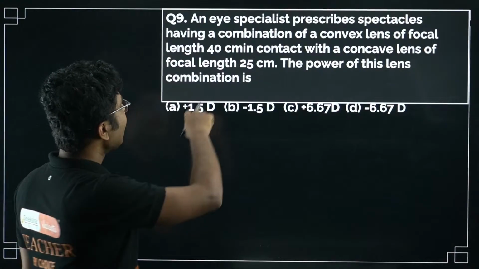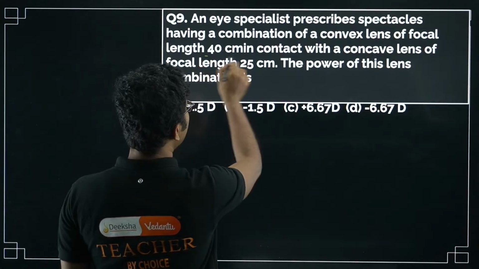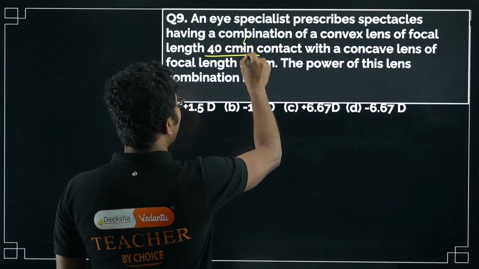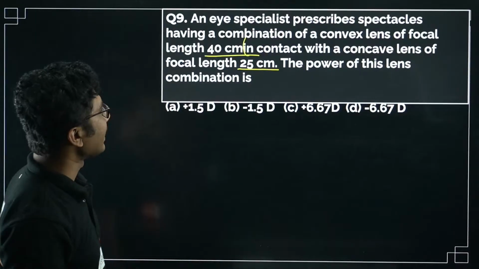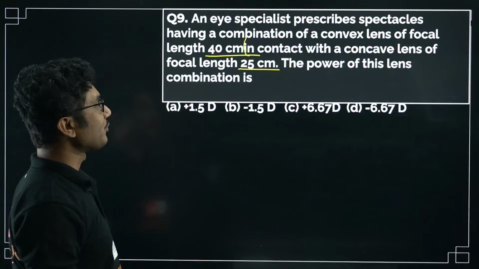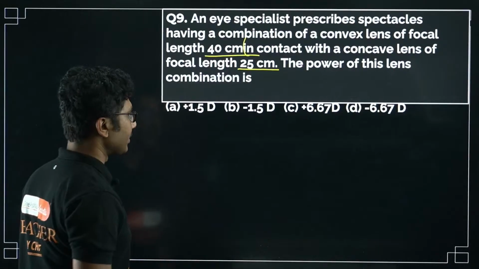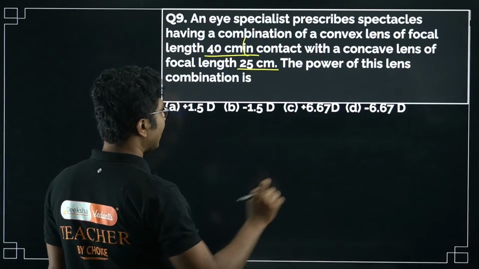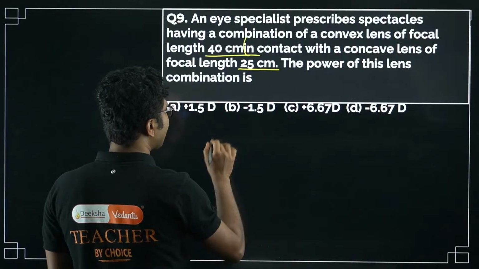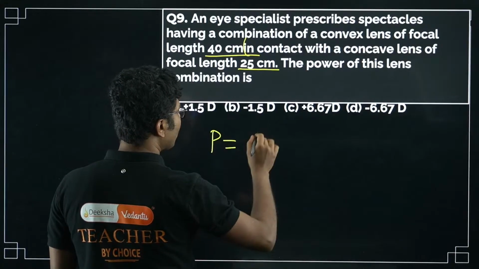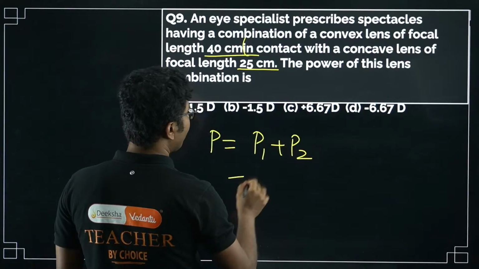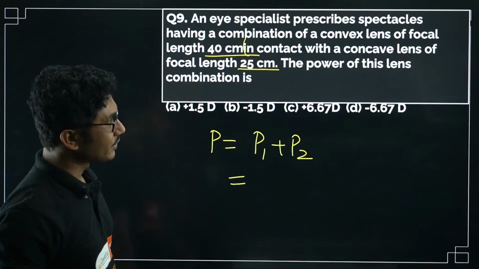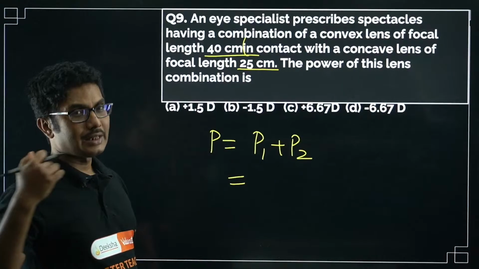Here we have a convex lens of focal length 40 cm and a concave lens of focal length 25 cm. Now you have to find the power of this lens combination. So how to find the power? First of all, always remember that power for two lenses is P1 plus P2, but power of a convex lens is positive, power of a concave lens is negative.